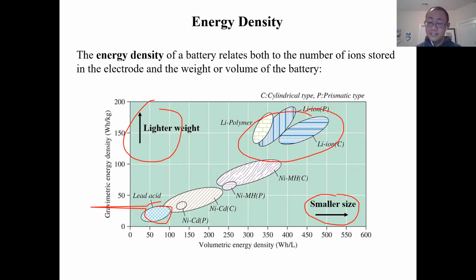The metal lead is a heavy metal. So lead acid batteries are usually big, and that's why we don't carry lead acid batteries in our portable devices. Instead, lead acid batteries are workhorses in our vehicles. So this picture also shows that lithium batteries have high density and also relatively small size and light weight.